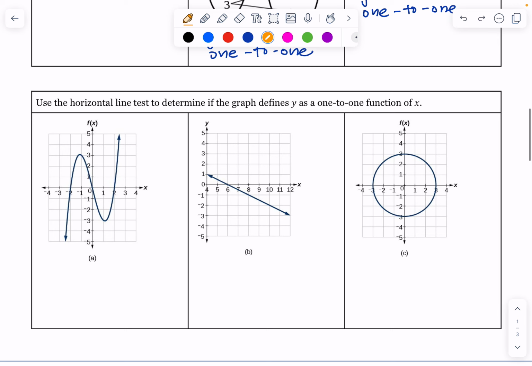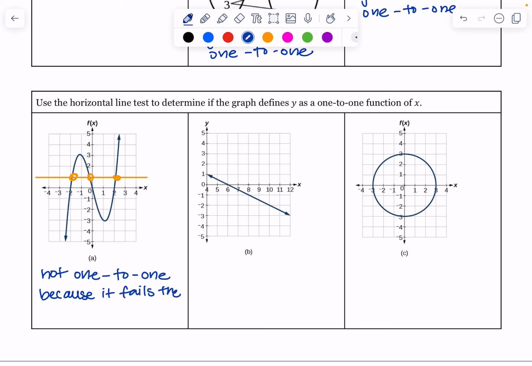All right, use the horizontal line test to determine if the graph defines y as a one-to-one function of x. Here, if I drew a horizontal line, notice that it hits 3 times. So this is not one-to-one because it fails the horizontal line test. It hit 3 times.